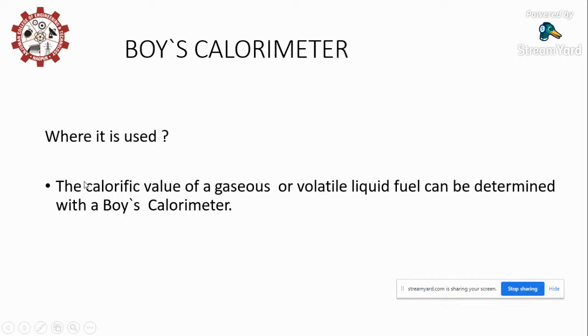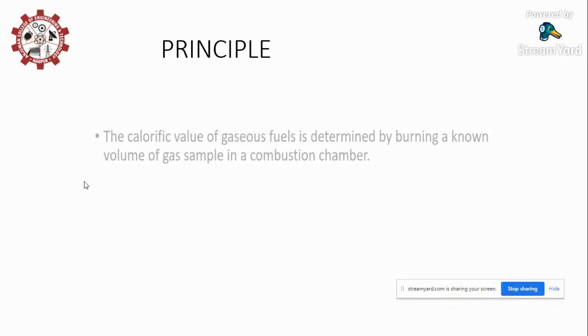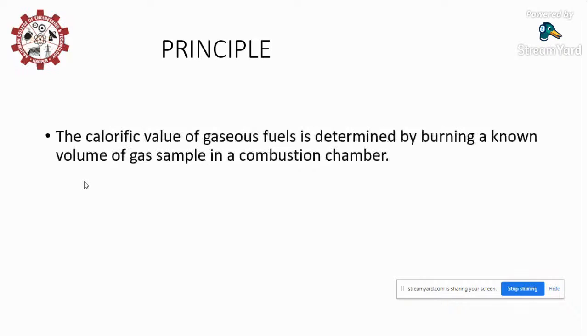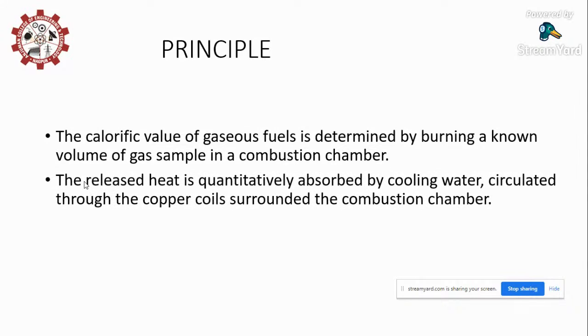So let us proceed further. Now let us go with the principle. What is the principle of the Boys calorimeter? The calorific value of gaseous fuel or volatile liquid fuel is determined by burning a known volume or sample of the fuel in a combustion chamber. Heat released after the complete combustion is absorbed by the cooling water, which is circulated through the copper coils surrounding the combustion chamber.